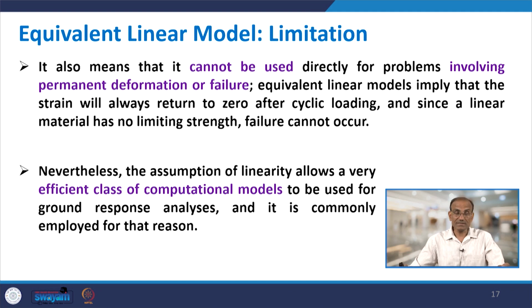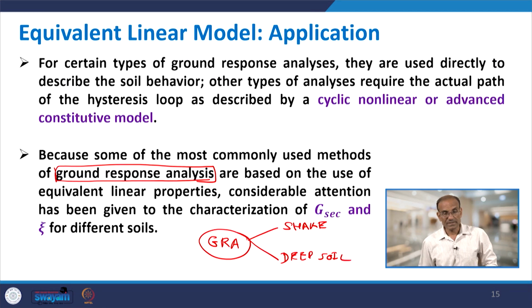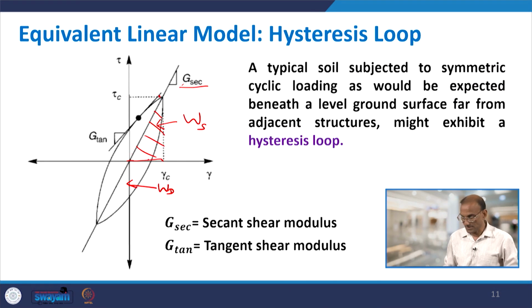In continuation with this, these models cannot be used directly for problems which involve permanent deformations or failure, because equivalent linear models imply the strain will always return to 0 after cyclic loading. Even in the stress-strain loop, there are points where the stress becomes 0, and points where the stress is negative and the strain becomes 0.